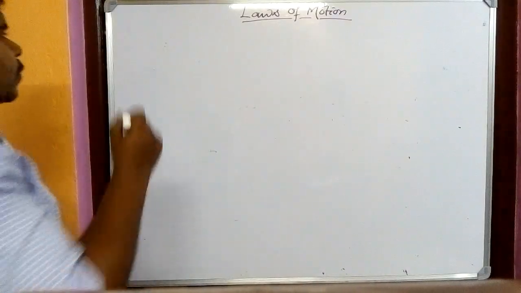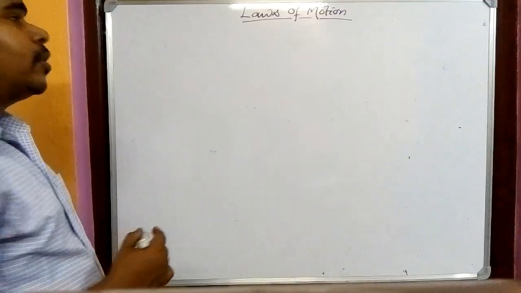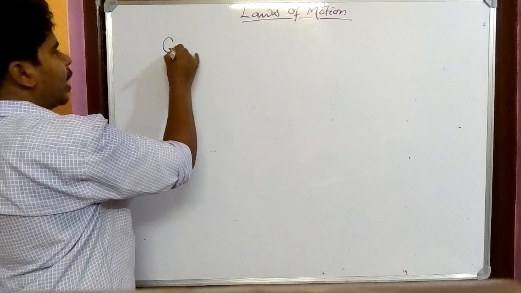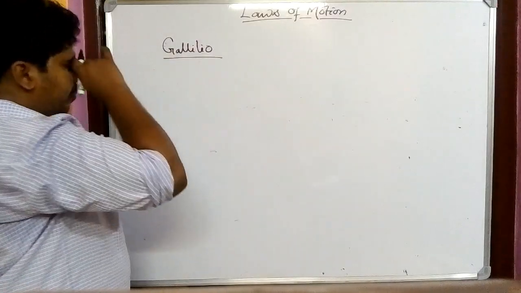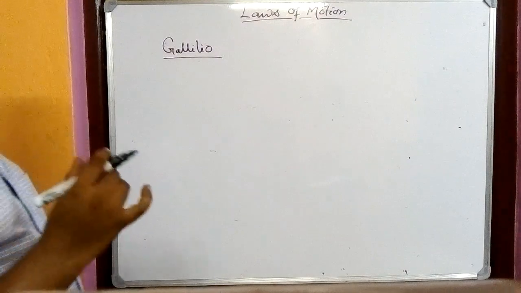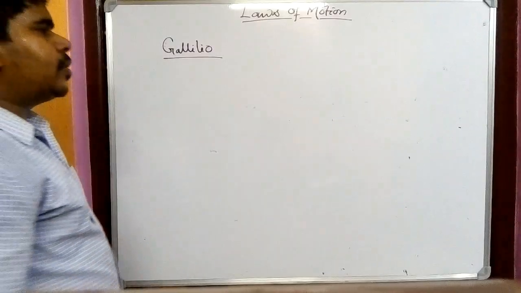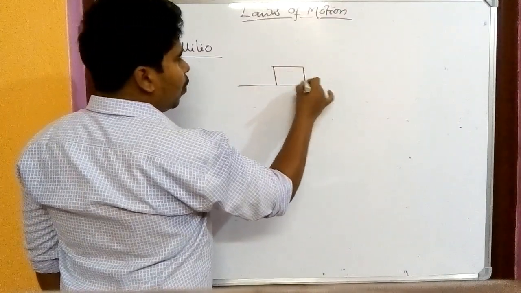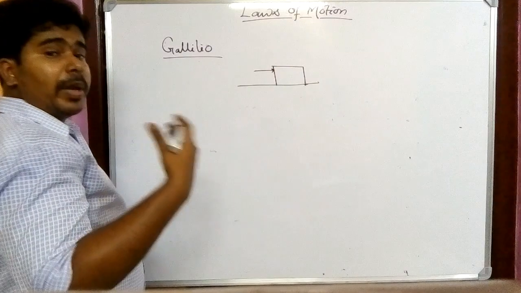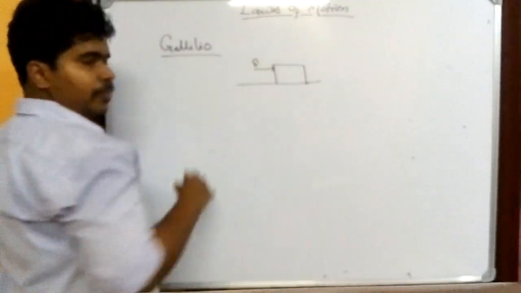If I talk about the first name, that is the father of modern physics, Galileo. Galileo showed one thing. Earlier people, or earlier scientists, thought that if I want to move a body, or make a body come into motion, we have to apply a force.